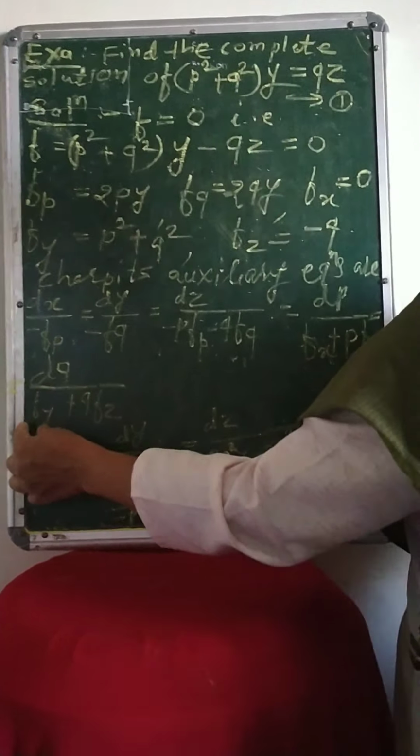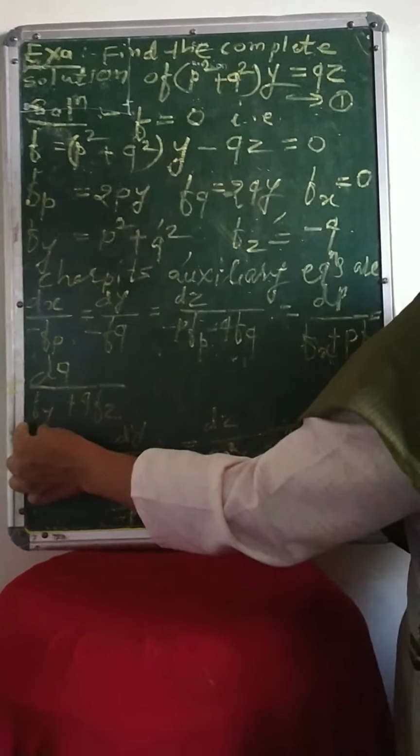After this, we put all these values in this Charpit's auxiliary equation, that is dx by minus fp means minus 2py equal to dy by minus fq means minus 2qy equal to dz by minus pfp minus qfq. fp is multiplied by minus p, so it is minus 2p square, and fq is multiplied by q, so it is minus 2q square y, equal to dp by fx plus pfz.